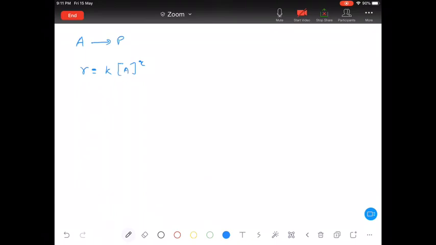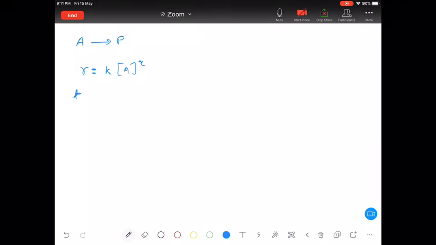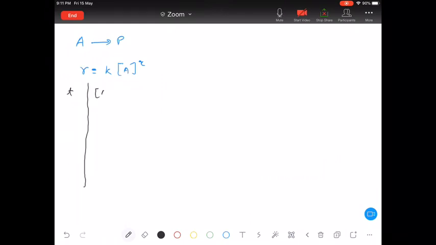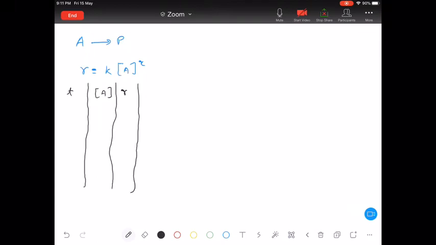Now I can define concentration of A. Let's say I make this graph for different time, concentration of A, value of rate, in this manner.